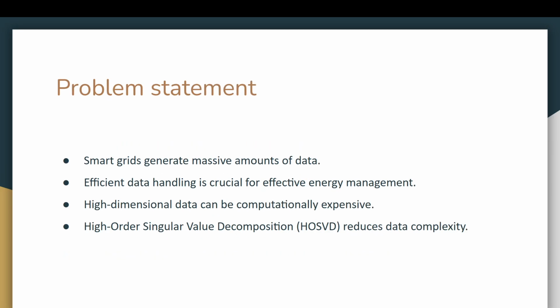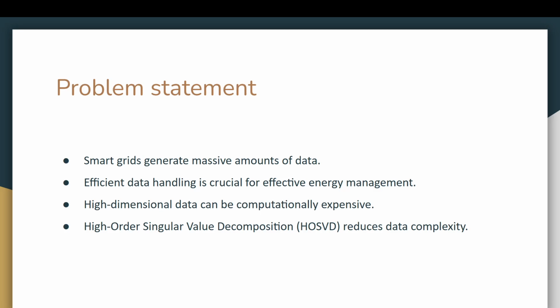The paper identifies the challenge of managing high-dimensional big data generated from smart grid systems. This data is collected from various smart devices and includes attributes like energy consumption, voltage, and appliance usage.